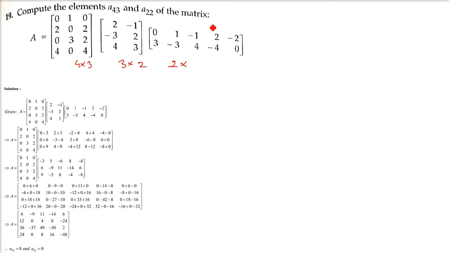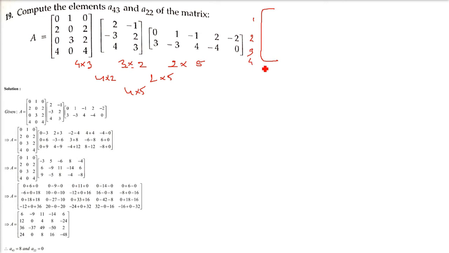When you multiply the first two, the result will be 4 cross 2. When you multiply 4 cross 2 with 2 cross 5, 2 gets cancelled, it will be 4 cross 5. So finally it will be a 4 cross 5 matrix, 4 rows and 5 columns.